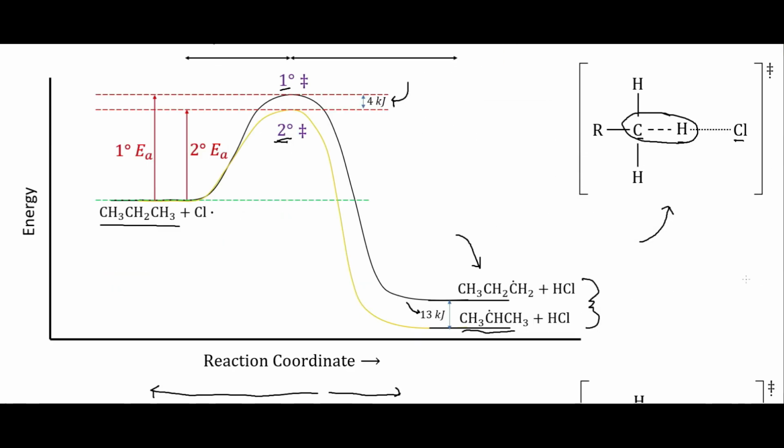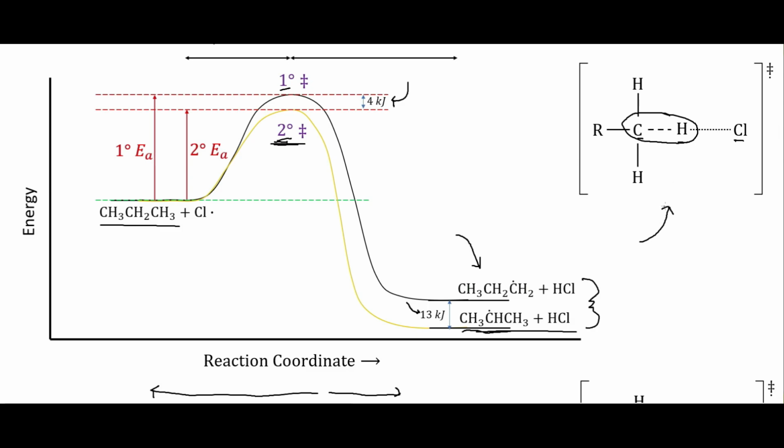The other is that this is because of both kinetic reasons, so the activation energy, and thermodynamic reasons because of the stability of the products, or the stability of the reactive intermediates, to be more accurate.